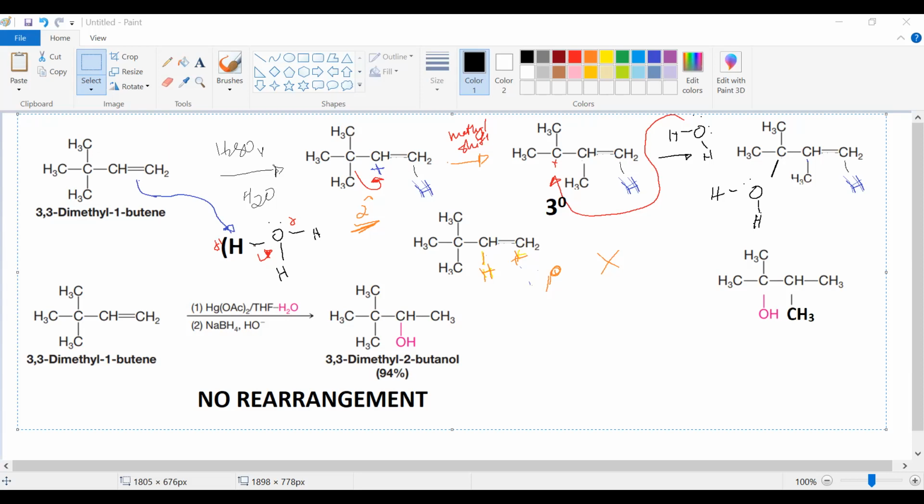But here there is a bridge formed, stabilized by the mercury also. So in this carbocation, the positive charge is shared between the 2 degree substituted carbon and the mercury atom. So you have a bridge here.